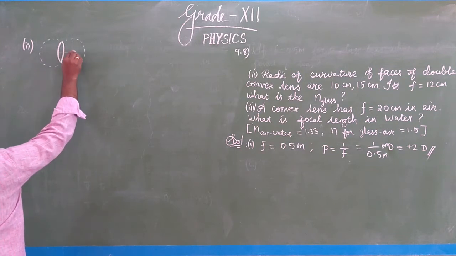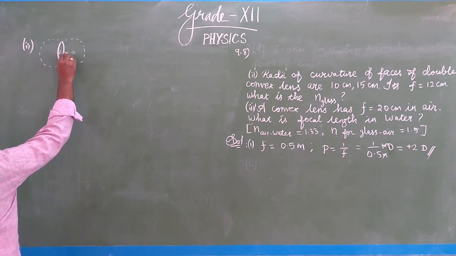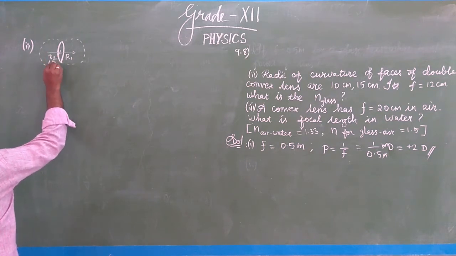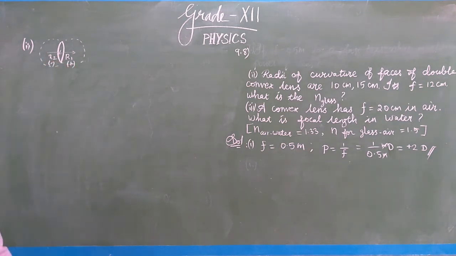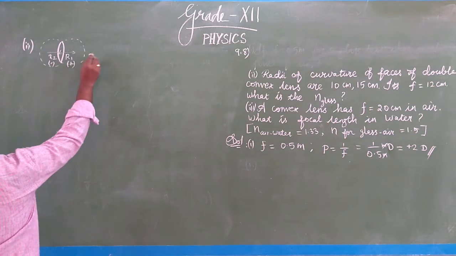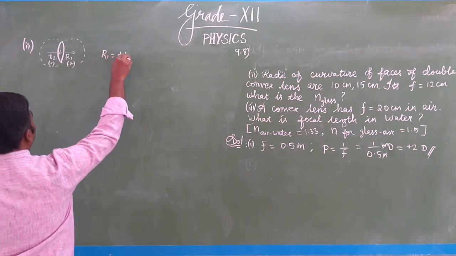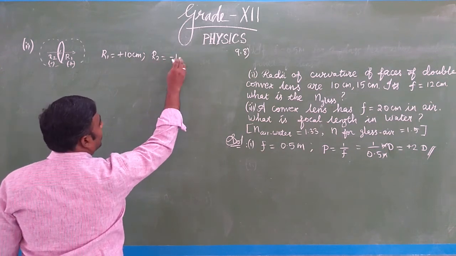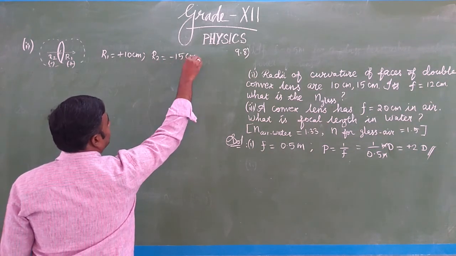This is R1, it is on the right hand side, so it is plus, and R2 is on the left hand side, so this comes under minus. So what are the radii? 10 centimeter and 15 centimeter. So R1 is equal to plus 10 centimeter and R2 is equal to minus 15 centimeter.